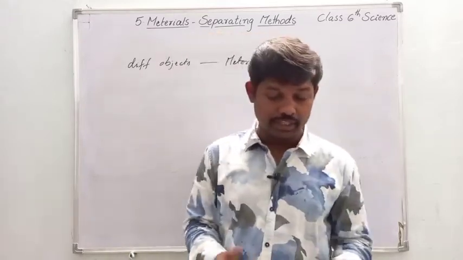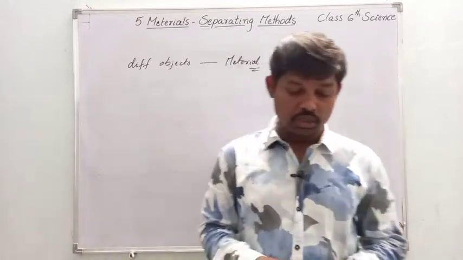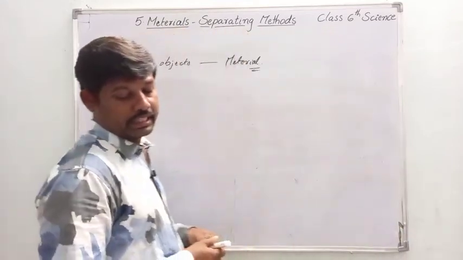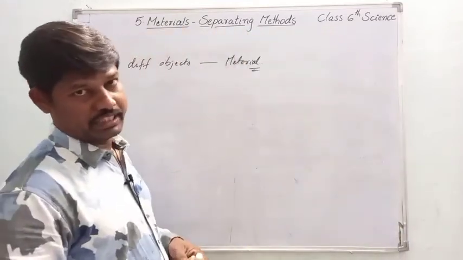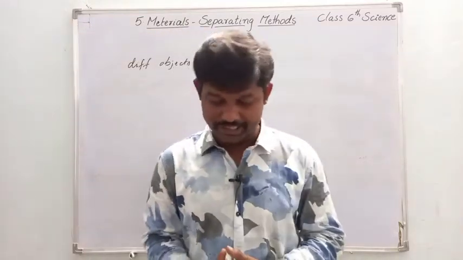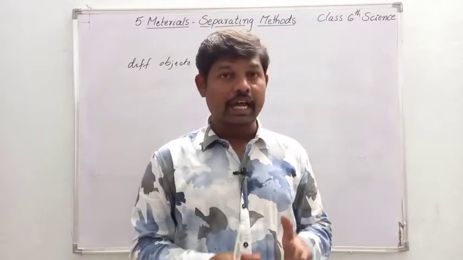For example, here we have activity 1, finding the materials used to make different objects. Page number 46, NCERT textbook. So you can open page number 46, activity 1.